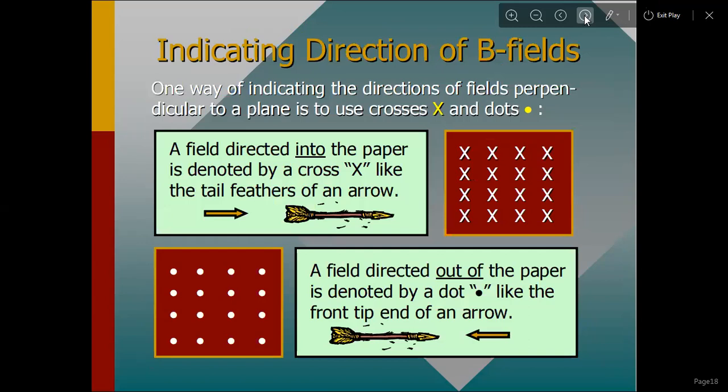Now, indicating direction of B field: a field directed into the paper is denoted by a cross, like the tail feather of an arrow, and a field directed out of the paper is denoted by a dot, like the front of the arrow. So this is the actual indicating direction of a vector field.